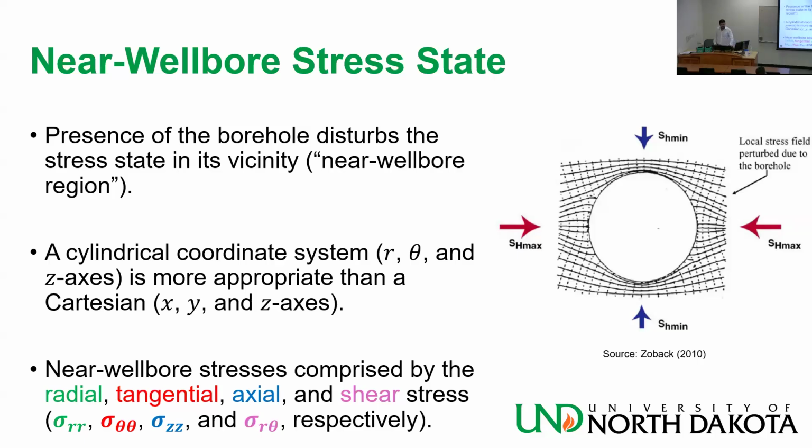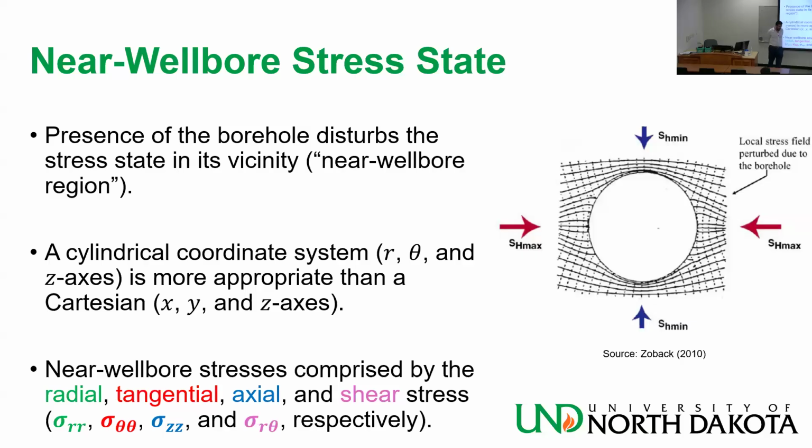Axial, which I use blue for, and is denoted by sigma ZZ. And sigma R theta is the shear stress. We are going to use sigma R theta; some people use tau R theta, some people use different notation. Okay, so these are the four stresses I'm going to deal with.